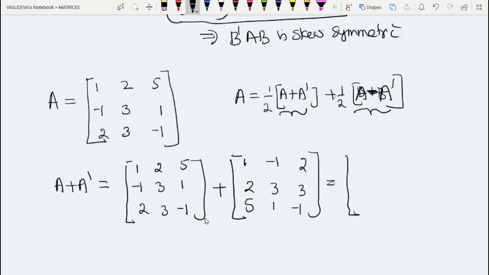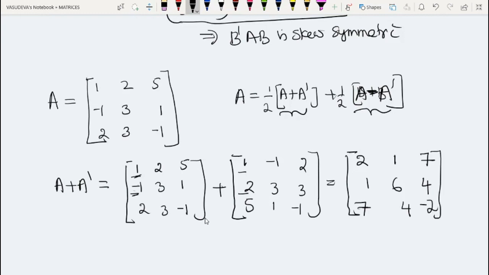Now adding the corresponding elements here: 1 plus 1 is 2, 2 minus 1 is 1, and 5 plus 2 is 7, minus 1 plus 2 is 1, 3 plus 3 is 6, 1 plus 3 is 4, and 2 plus 5 is 7, and 3 plus 1 is 4, and minus 1 plus minus 1 is minus 2.